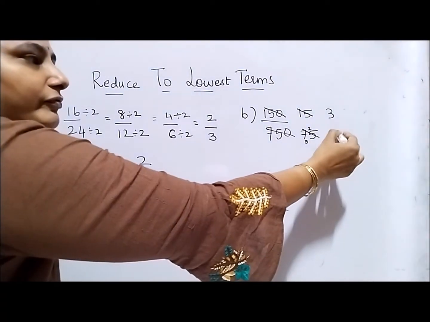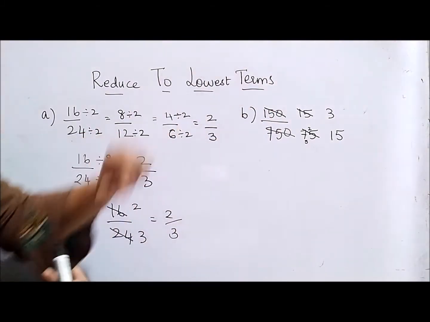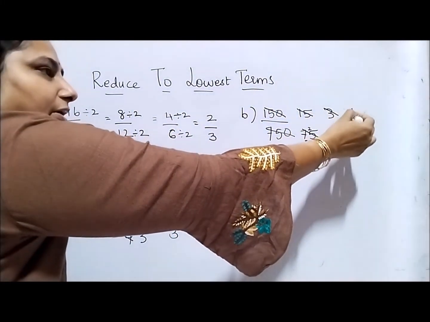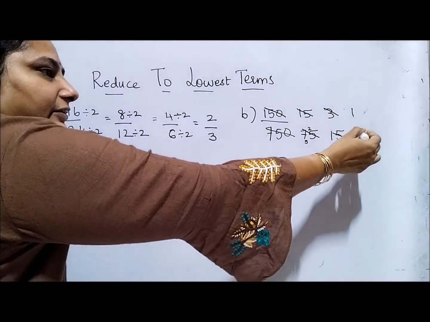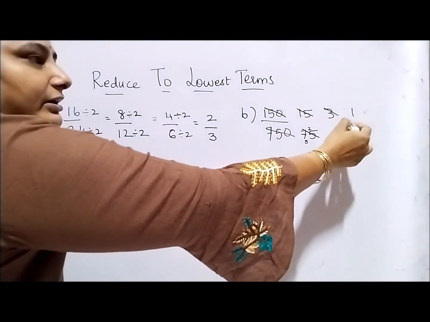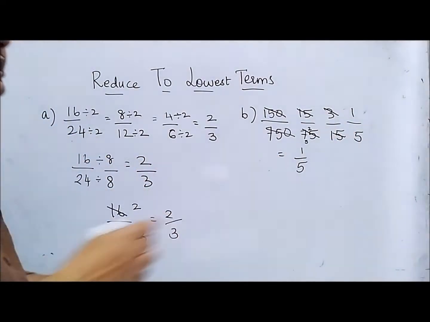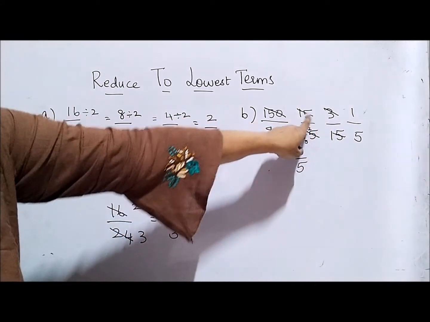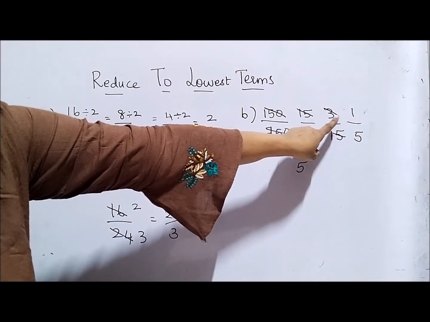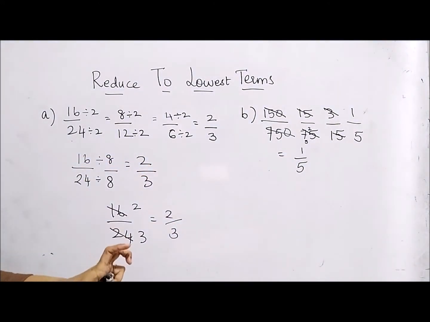Balance 2. 5 5s are 25. Now 15 goes in 3 tables. So it is 3 1s are, 3 5s are. Remember, you are doing it like this. So answer is 1 by 5. You should not write only 5 because the numerator is 1. Without 1 you should not write. It should be 1 by 5.